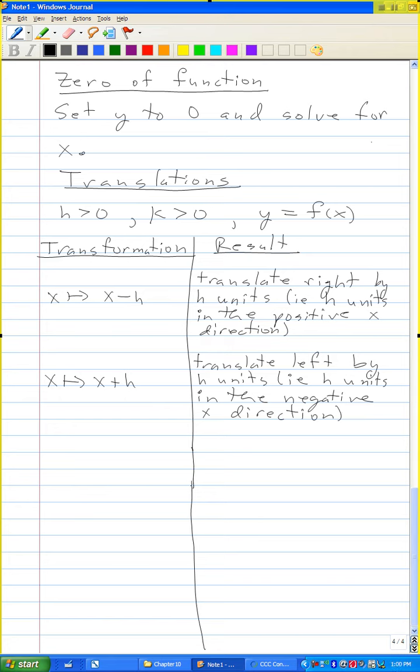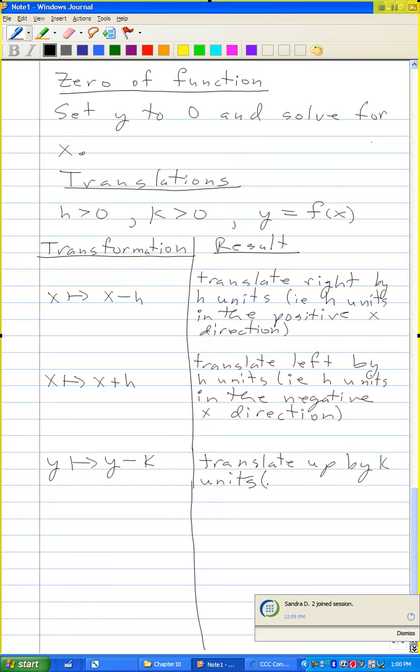Next, suppose I had the following transformation. Y goes to y minus k. And so in this case, I'll translate the graph y equal f of x up by k units.